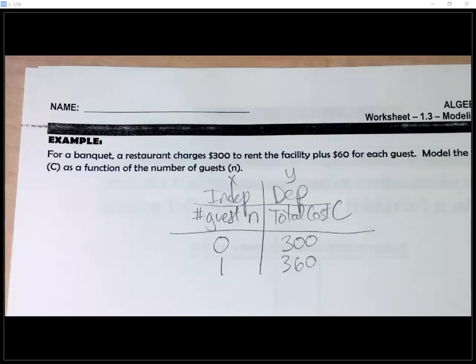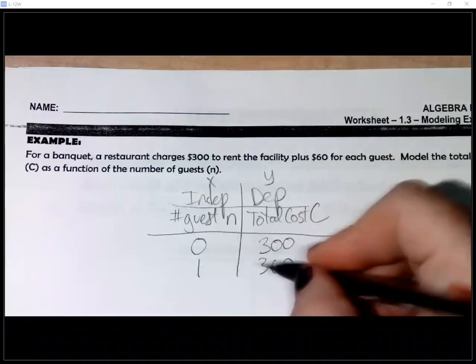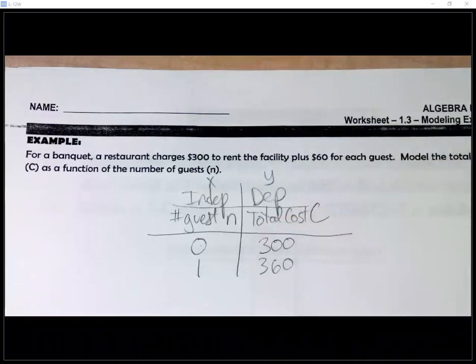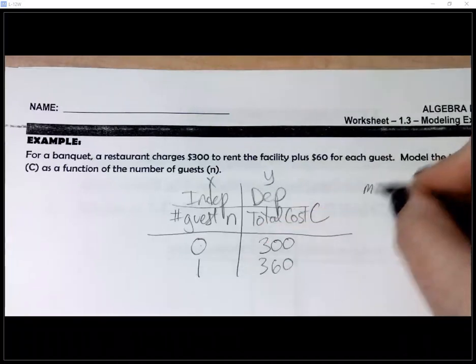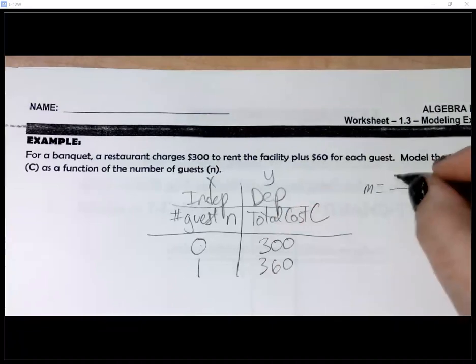And that's my ultimate goal. I'm trying to write a function that models this situation. So let's go ahead and find the slope if you haven't already. Remember, this is just X and Y. So I have 2 points, (0, 300) and (1, 360). When you find the slope, remember, here's the formula if you don't have it written down. Oh, some of you made that mistake on that quiz.